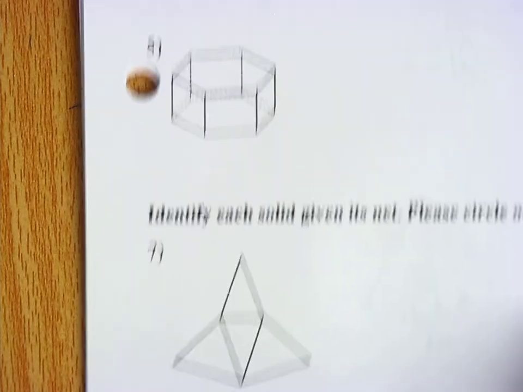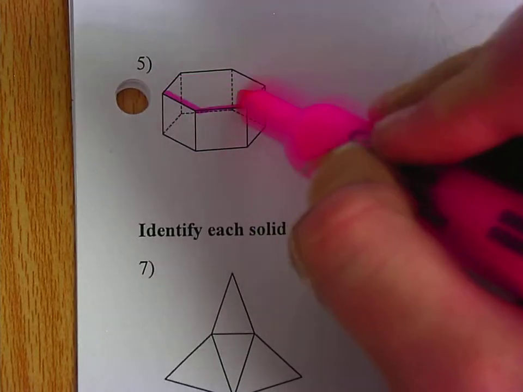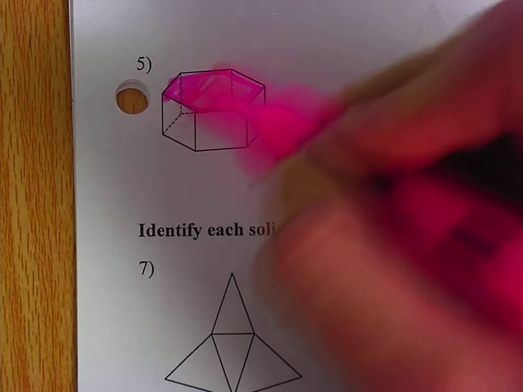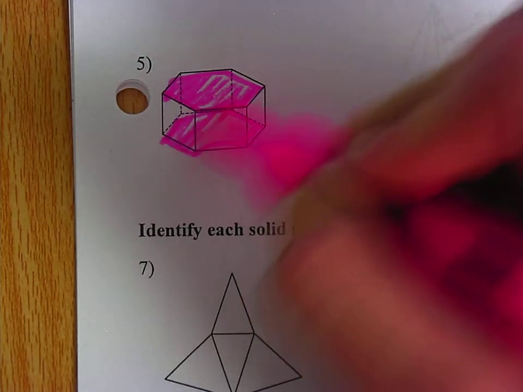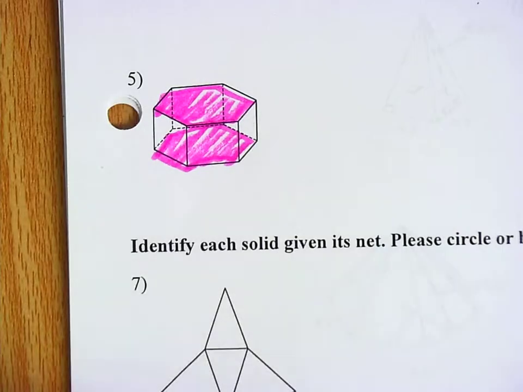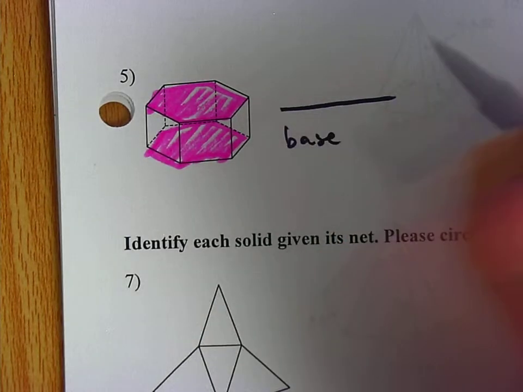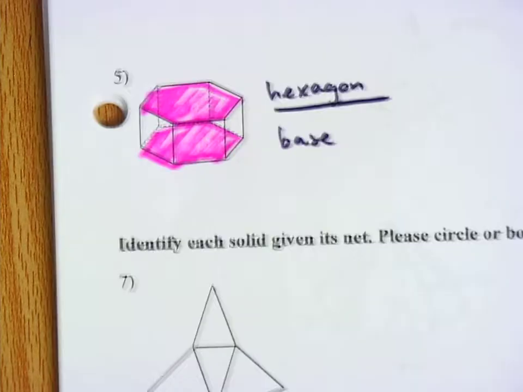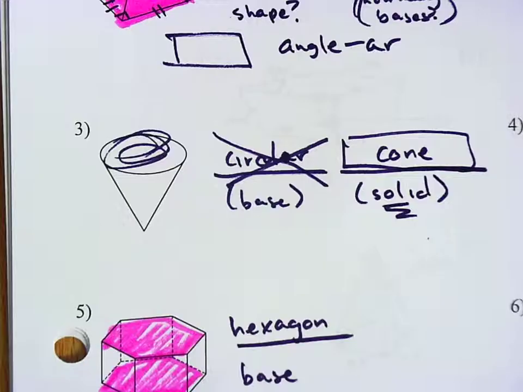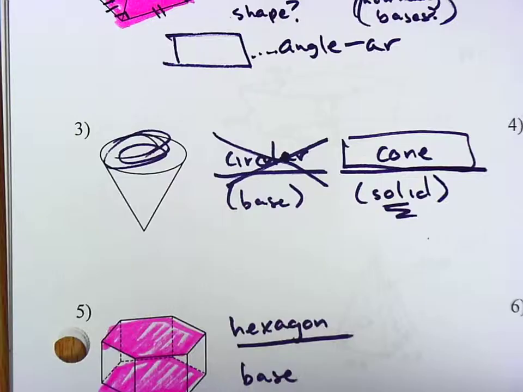And for number 5, we have this solid. Here's our base right here. There are 2 of them actually. We're asking, what shape is the base? Well, it's a hexagon. Whenever we have something that ends in angle, we put an AR.